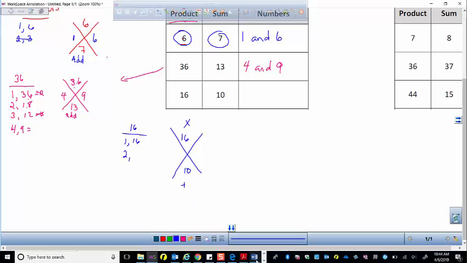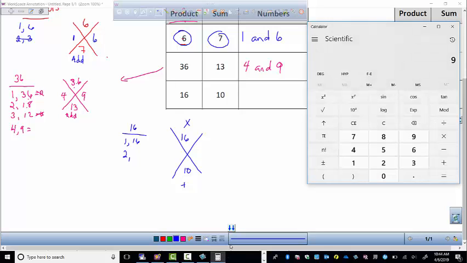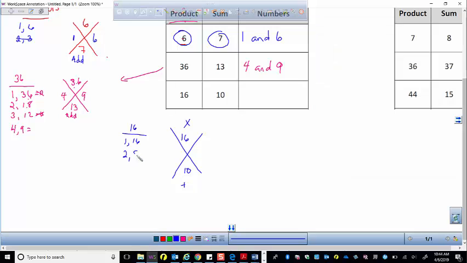So I can do 16 divided by 2 is 8. So 2 plus 8 is 10. We found it. It's 2 and 8. And the reason it's 2 and 8 is because 2 multiplied by 8 is 16, and 2 plus 8 is 10.